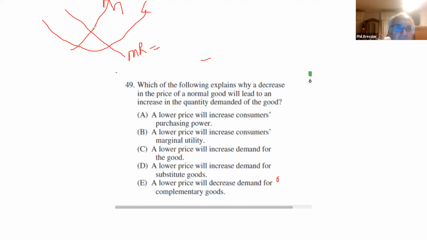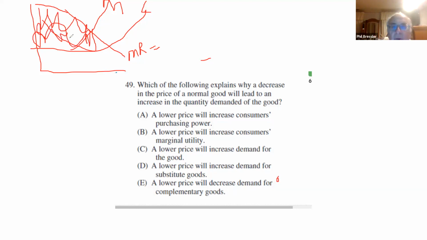So you go to MC equals MR, you go here, and you take it across, and everything in here is profit. So what would be consumer surplus is now profit. Are you good now, Dev?